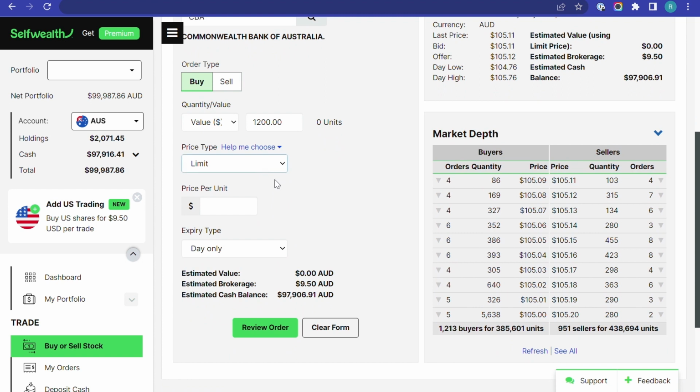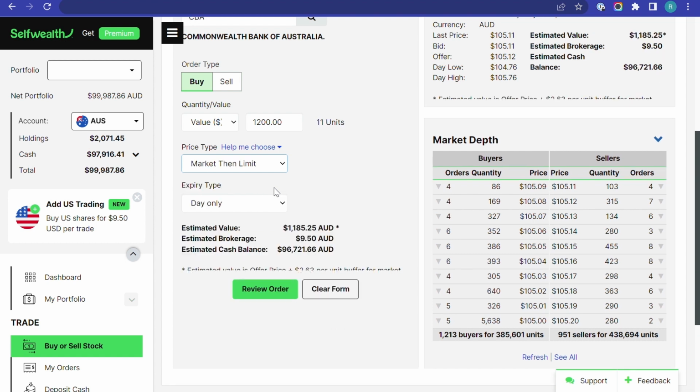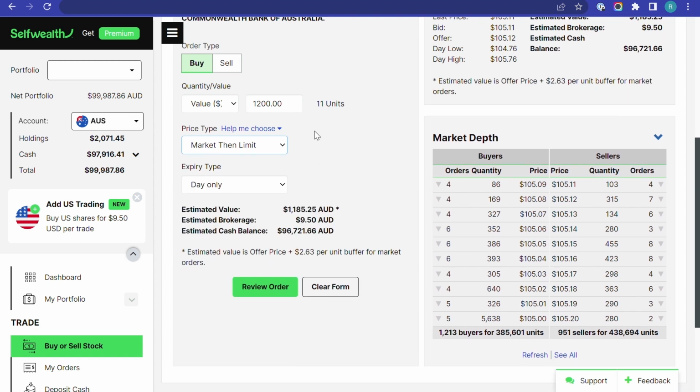Next, we're going to choose the type of order that we want to put into the market, such as a market then limit order or a limit order. A market then limit order means that we can purchase our 11 shares at the best available price. In this case, it's $105.11 and there are 103 shares available.